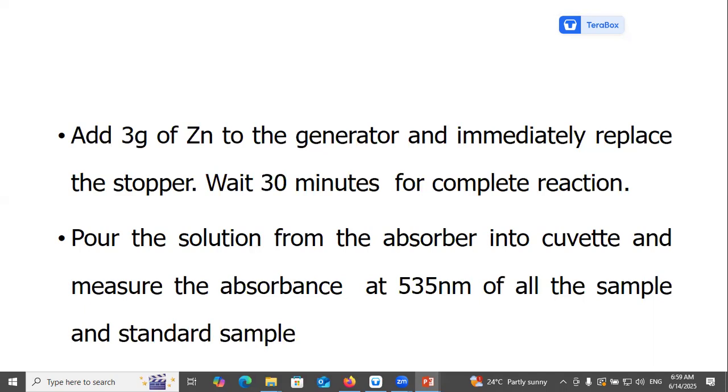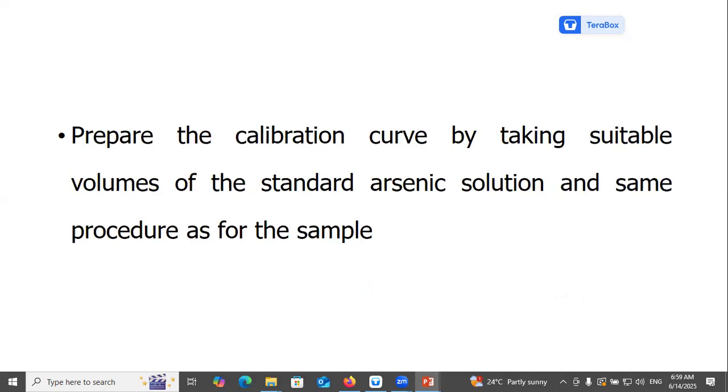Pour the solution from the absorber into a cuvette and measure the absorbance at 535 nanometer of all the samples and standard samples. Prepare the calibration curve by taking suitable volumes of standard arsenic solution and the same procedure as for the sample.